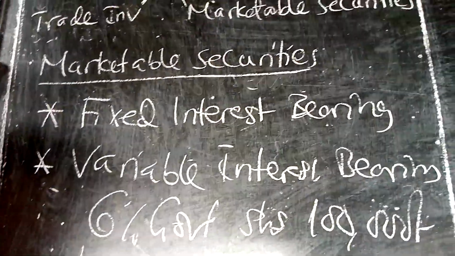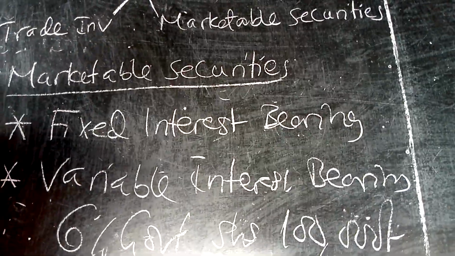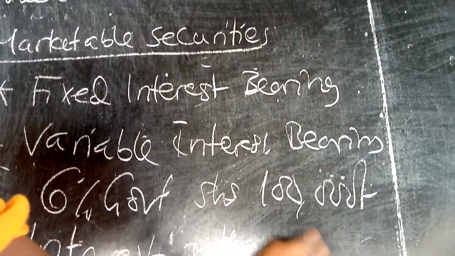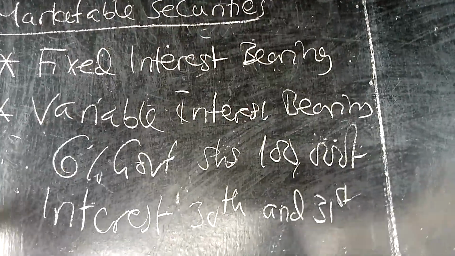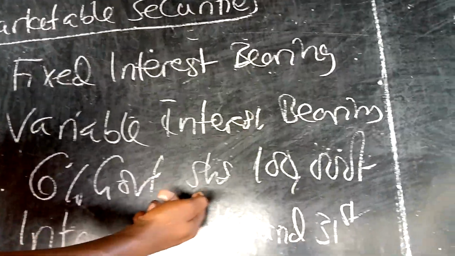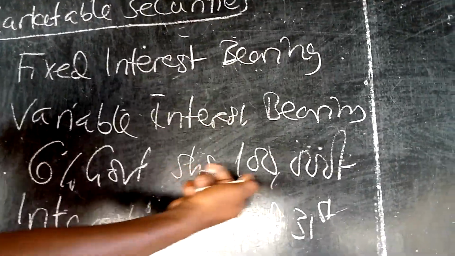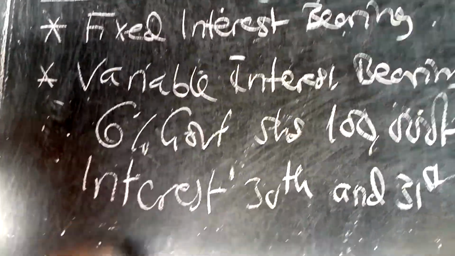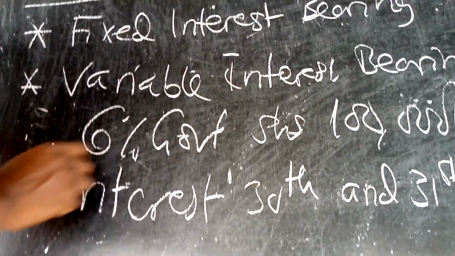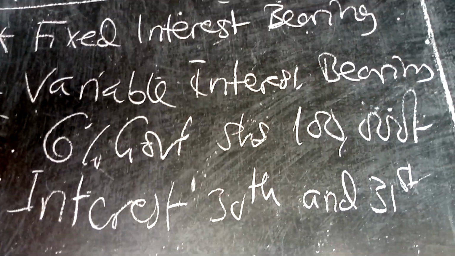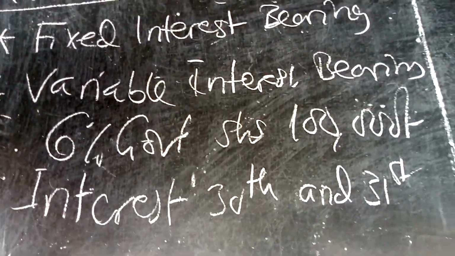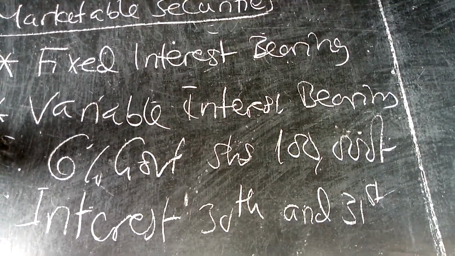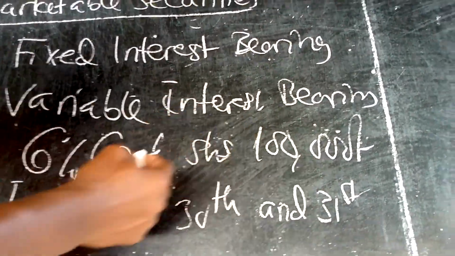The interest, let's say, is payable on 30th June and 31st December. In order to compute the interest per annum, it will be as follows.